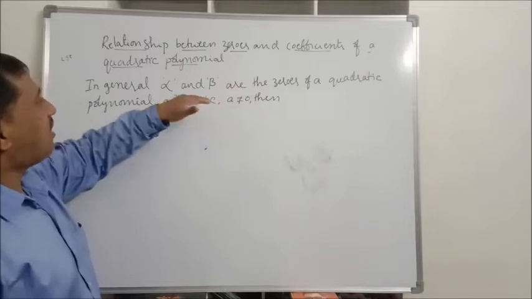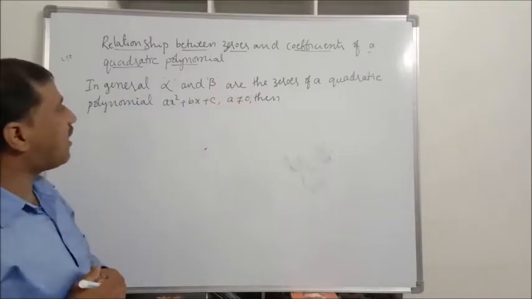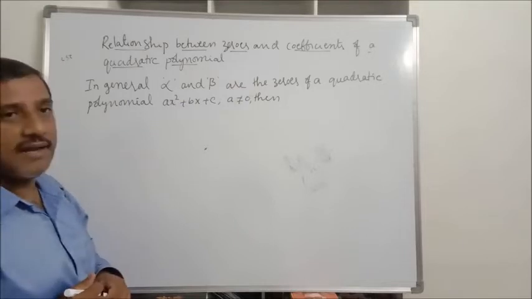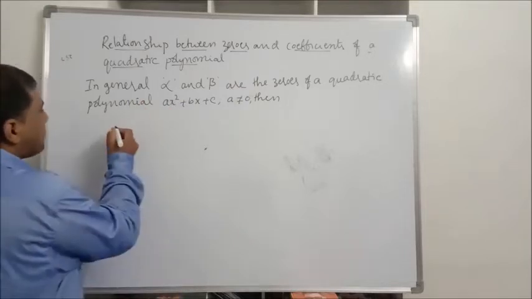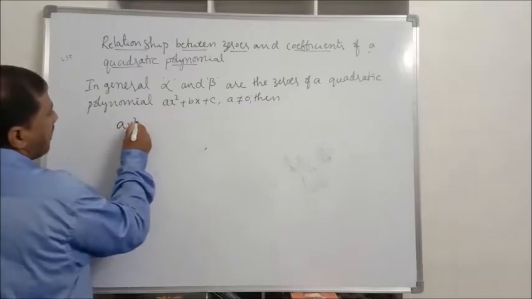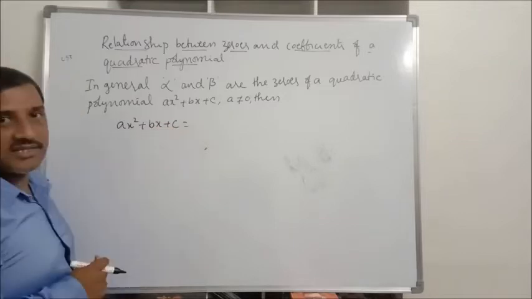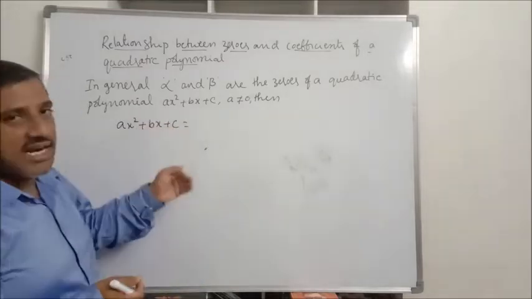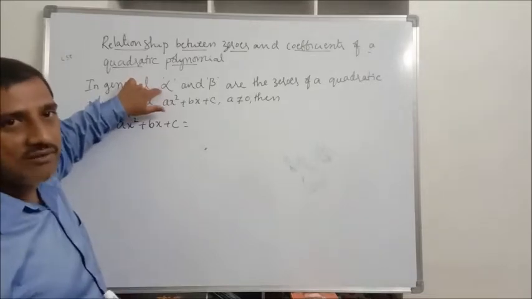Then alpha and beta are the zeros of a quadratic polynomial ax square plus bx plus c, where a is not equal to 0. Then what can we write? In 9th class you have studied, if alpha is a zero of the polynomial, then what is the factor?